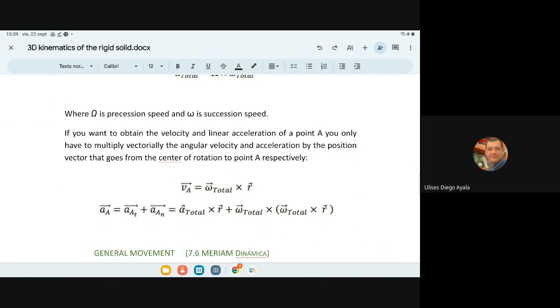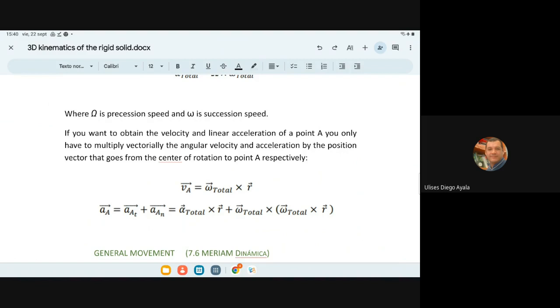Do you remember which was the vector r? Vector r is position, vector position. So you have one which is rotational, radians per second, and the other one which is distance, which is meters. You multiply radians per second times meters, you get meters per second, which is this.